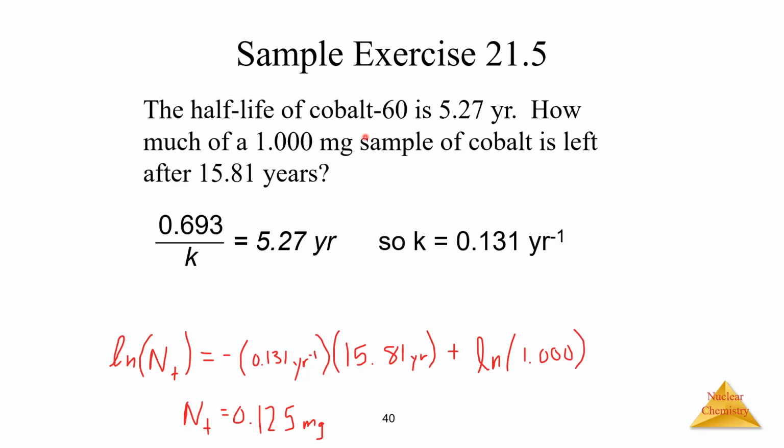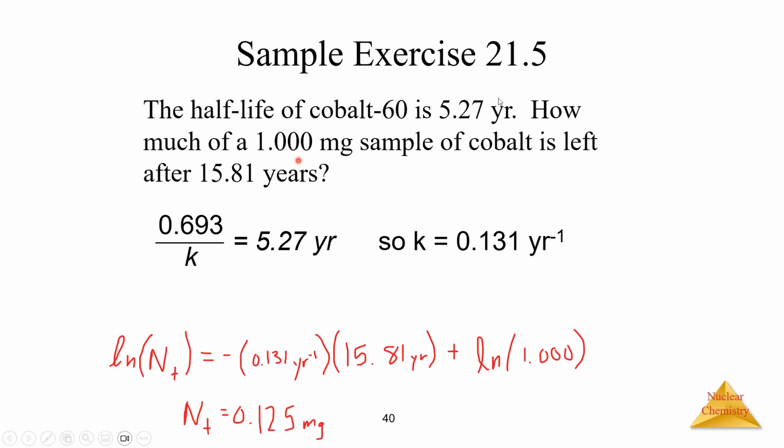And the reason it's going to work for this one is because the amount of time that's passed is a multiple of the half-life itself, so 15.81 years. If we divide that by the half-life, 5.27 years, we're going to get 3 exactly. And then if we think about what a half-life represents, 50% of that remaining material is going to decay.